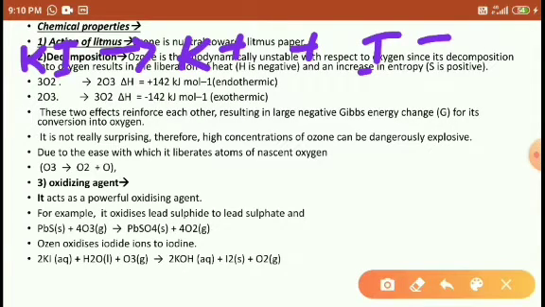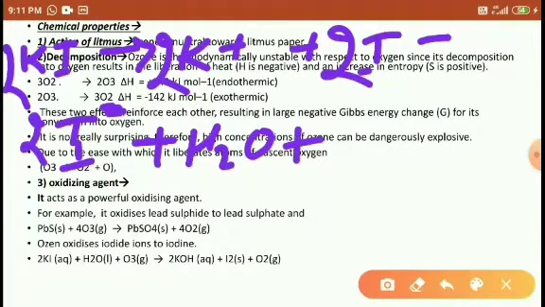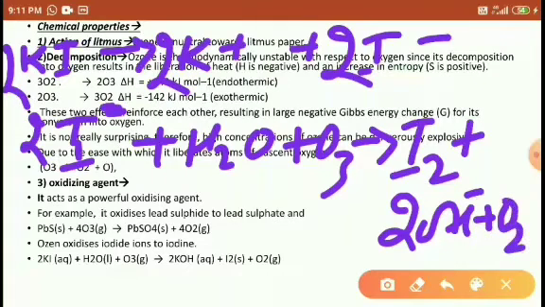If you are using 2 moles of potassium iodide, it is 2 moles of iodide ions. They react with H2O and O3 to form I2, 2OH minus and O2.